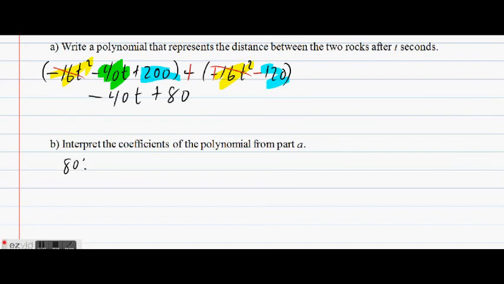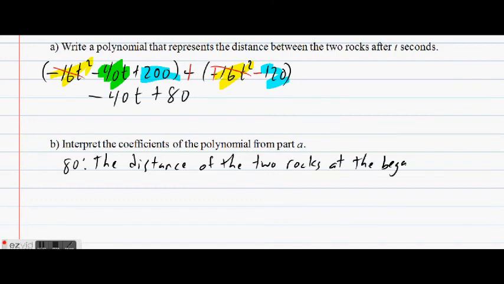The 80 represents the distance between the two rocks at the beginning. I don't think I spelled it correctly, but you get the idea. That's the distance of the two rocks at the beginning, before you threw it, before your buddy dropped it.